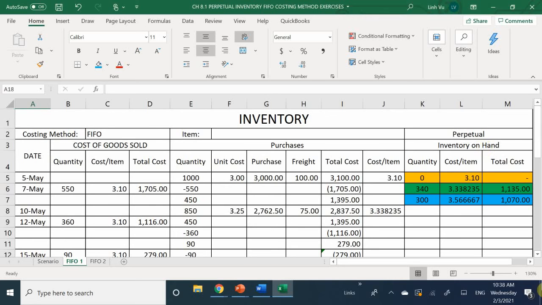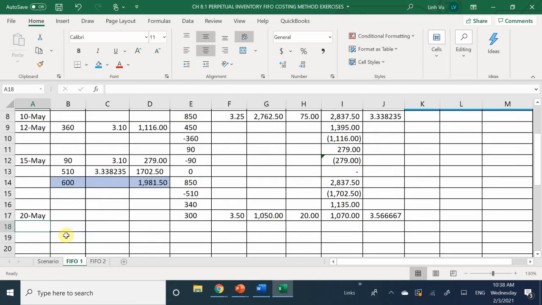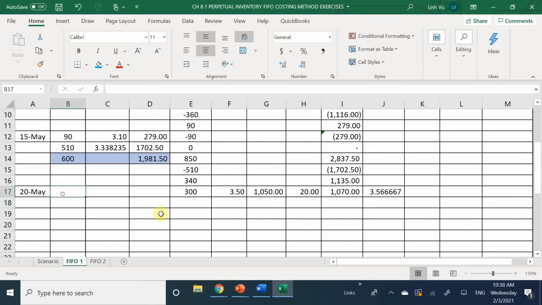So let's recognize that. Here we have 340 in our green batch. We need to get to 450, right? Yes. So therefore, I need to take 110 items out of my blue batch.